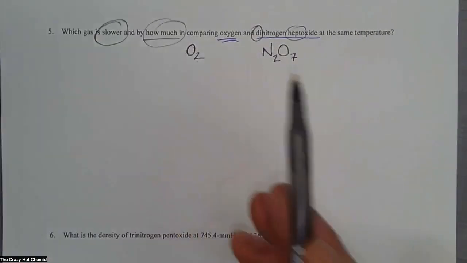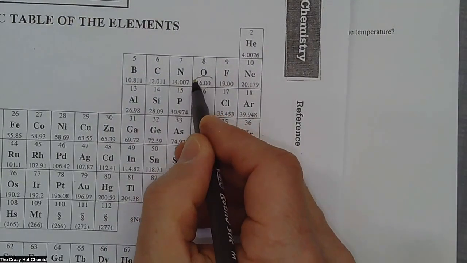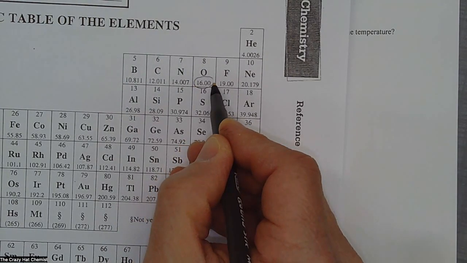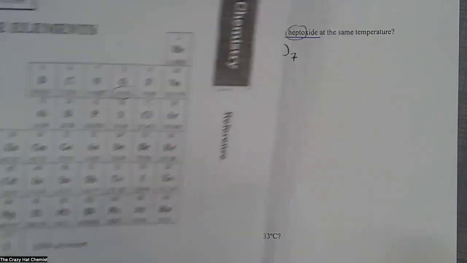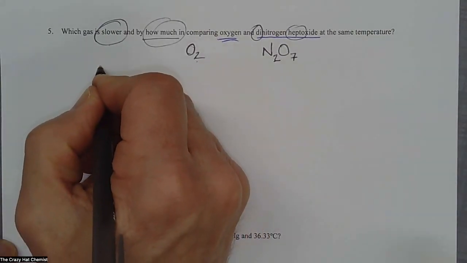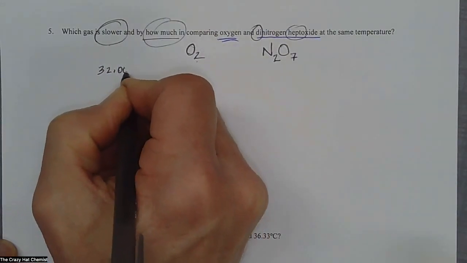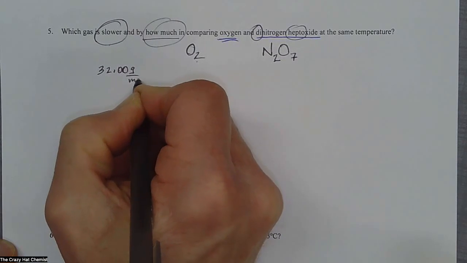So oxygen is O2. We're going to look at oxygen on our periodic table, and we're going to take 16 times 2. It has 2 decimal places. So the molar mass for oxygen is 32.00 grams per mole.